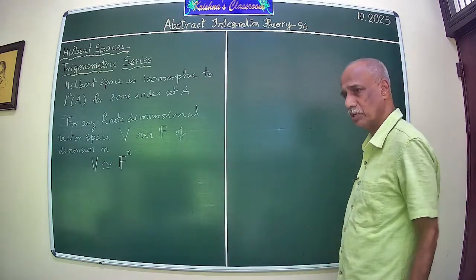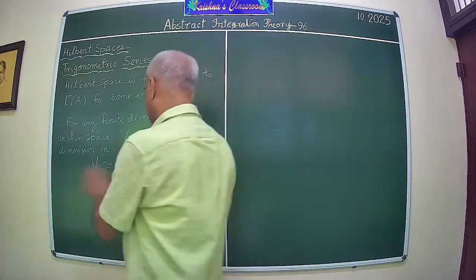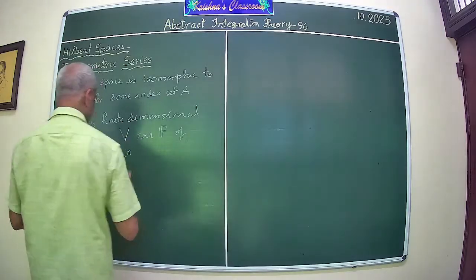The isomorphism is not unique; there are several isomorphisms that you can define. And how does this come? It comes like this. It is an n-dimensional space.